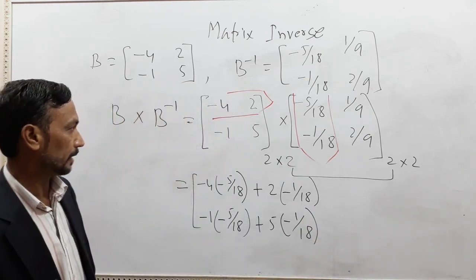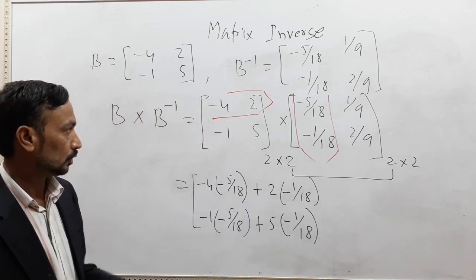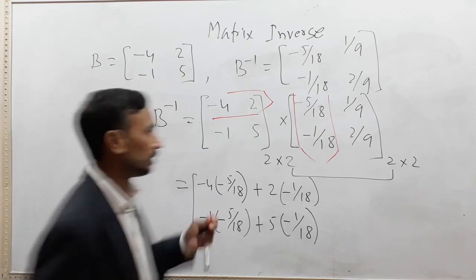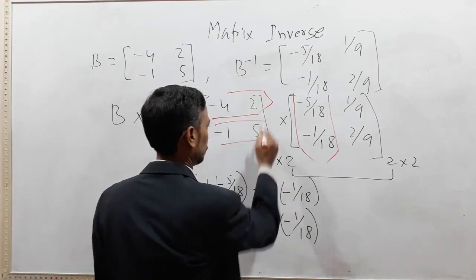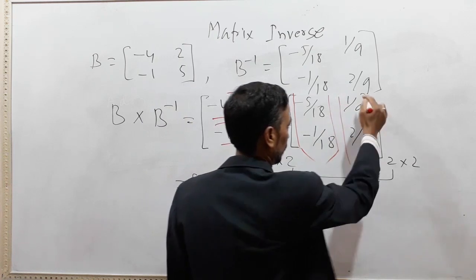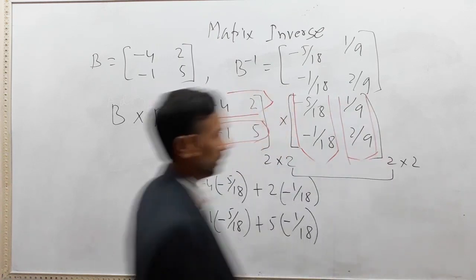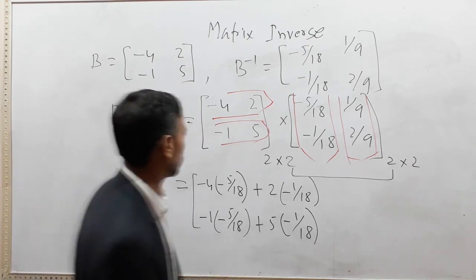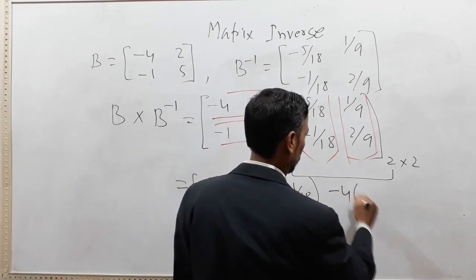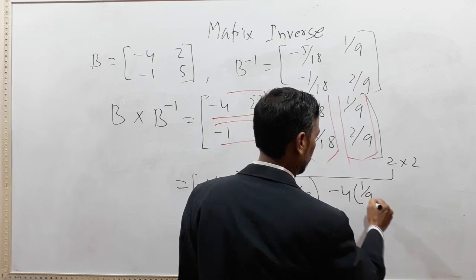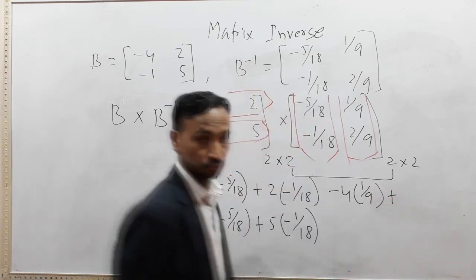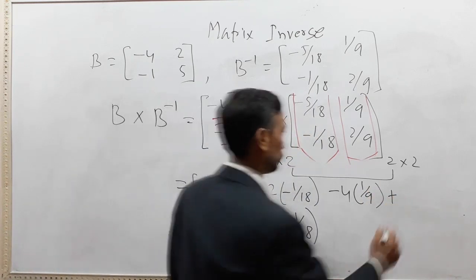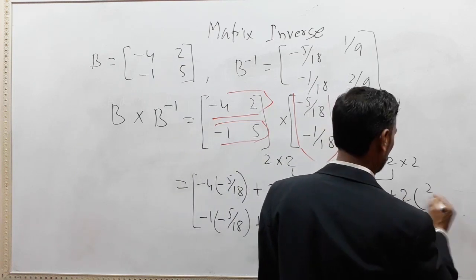Now we'll be dealing with this column of the second matrix. So it will be simply -4 multiplying by 1/9, plus, this is the formula, plus 2 multiplying by 2/9.